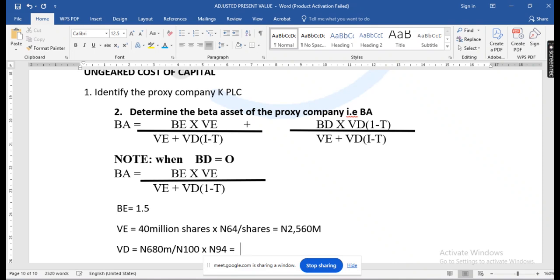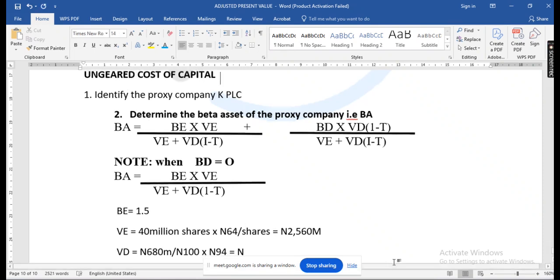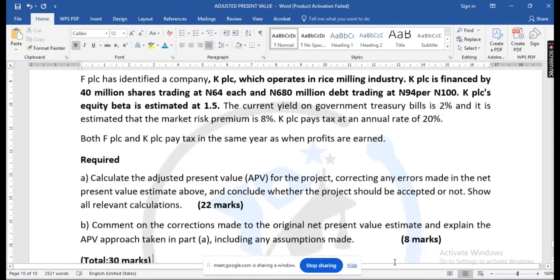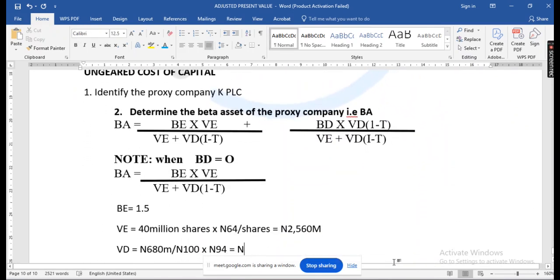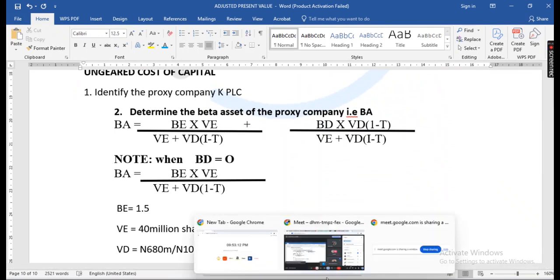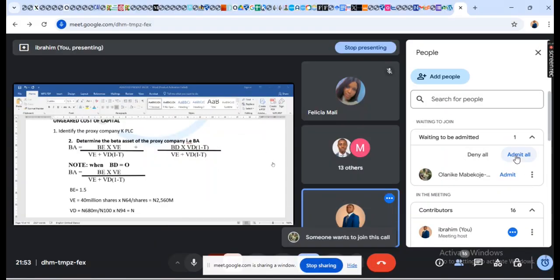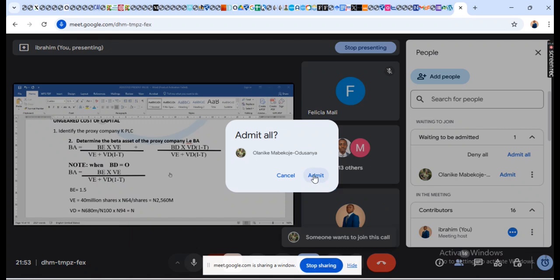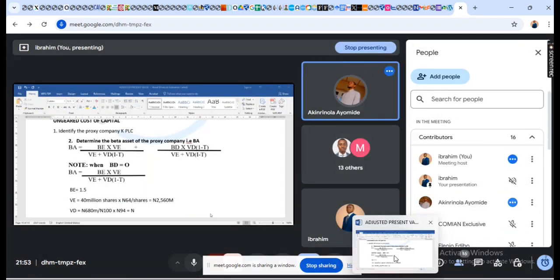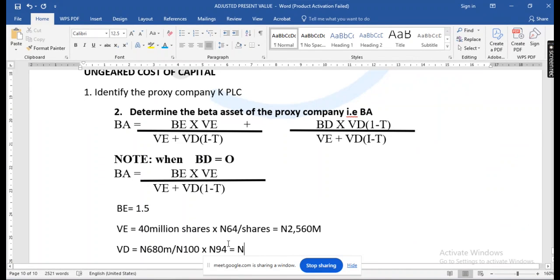So class, what is the market value? Quickly. Class, what is the market value? 639.2 million.